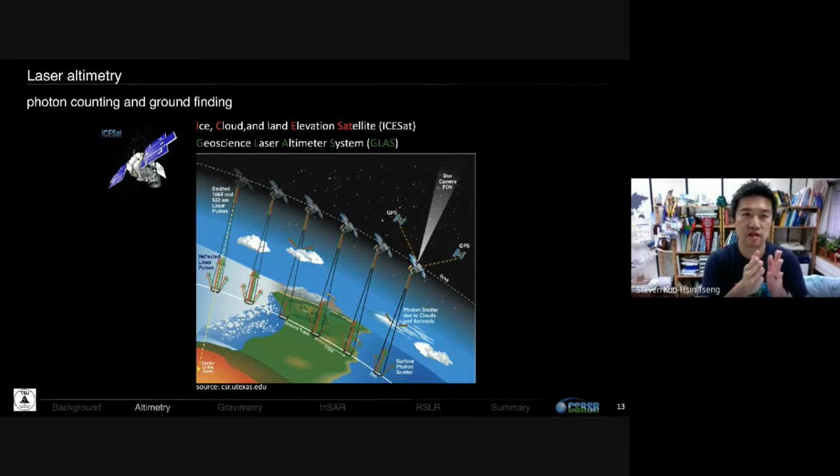That's the minimum requirement of the Nyquist frequency. However, as I said, the repeating cycle of the satellite is very long. It's either 10 days or 35 days. 10 days is for the Jason series, 35 is for the European Envisat and the Sentinel series. So we need to handle this aliasing problem.